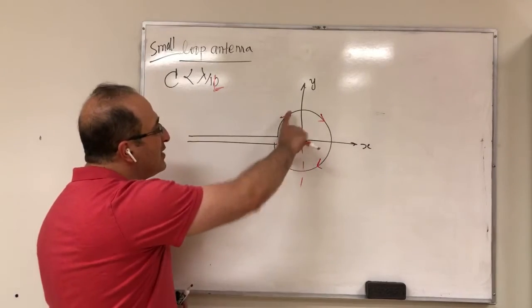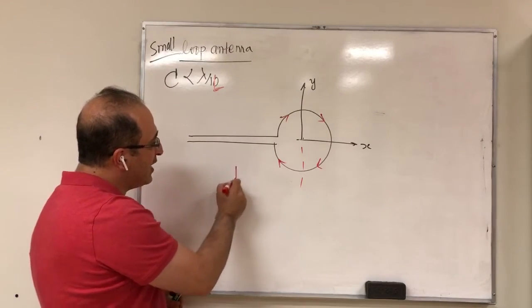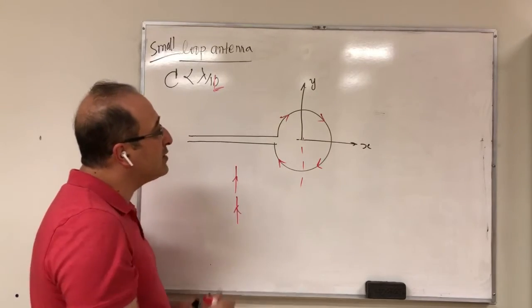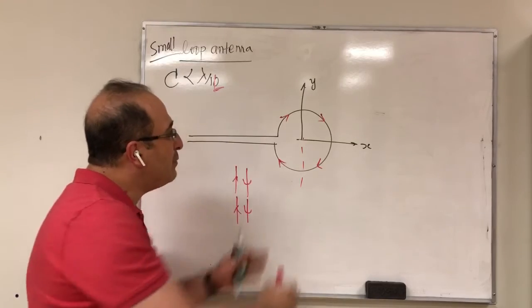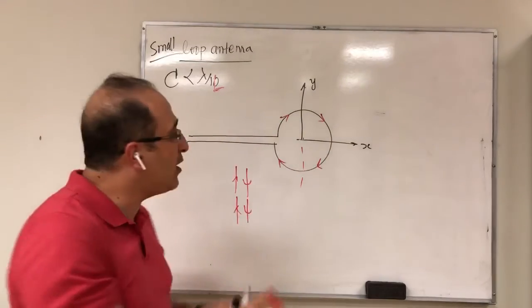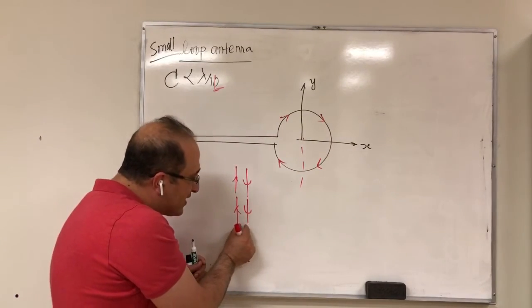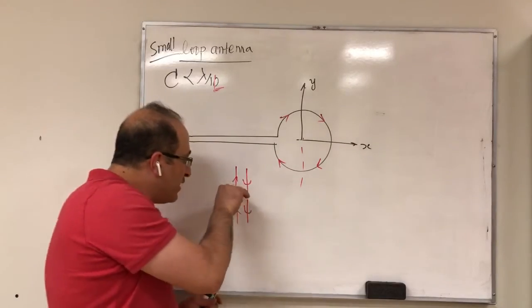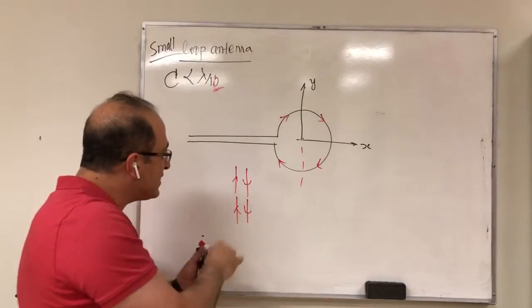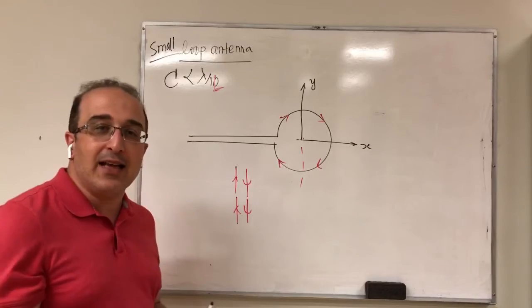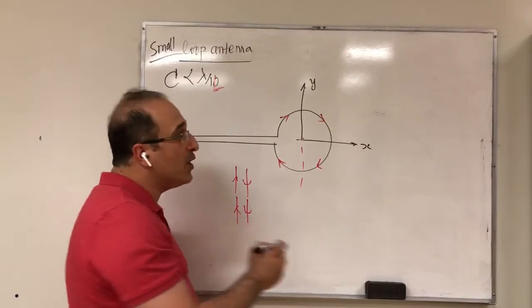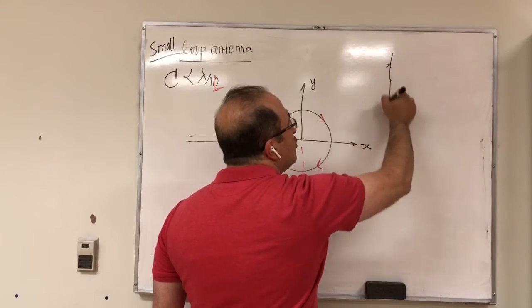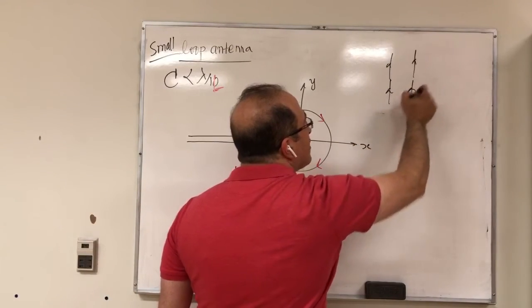For example, look at it this way. You can think of it as 1 dipole if you want. Then this dipole here would be opposite. And because this is a small circumference, these would be extremely close to each other. So when you are here on the axis, these two dipoles exactly cancel the effect of each other. Whereas for the circumference of lambda, you get two dipoles in the same direction.